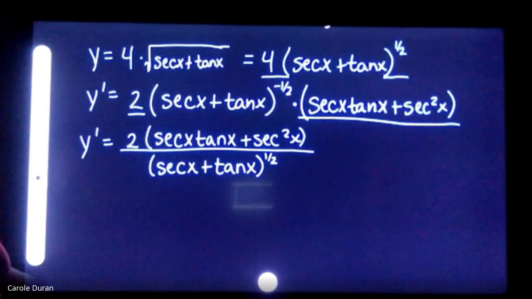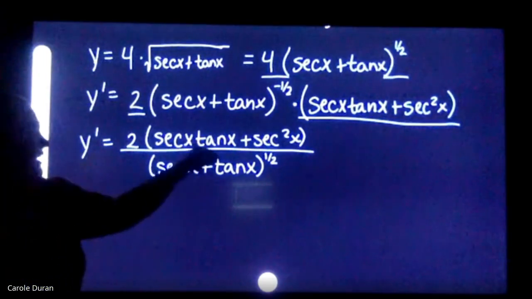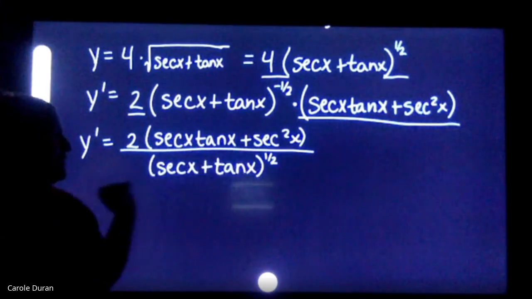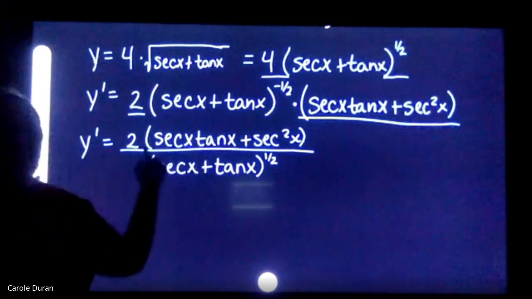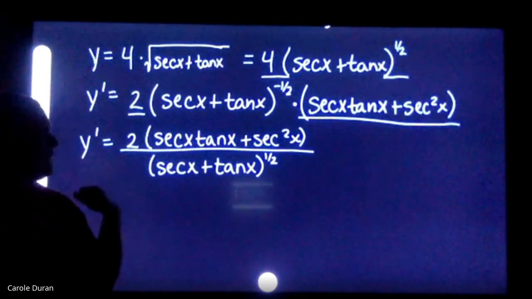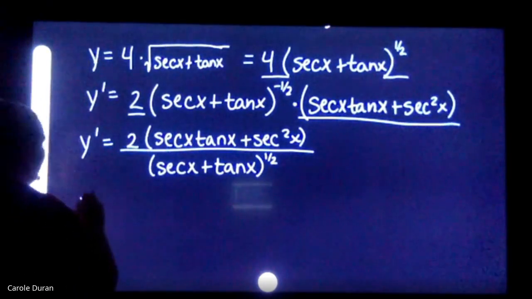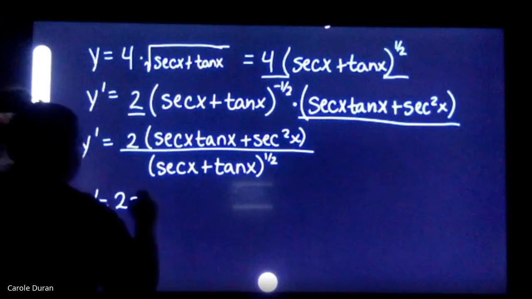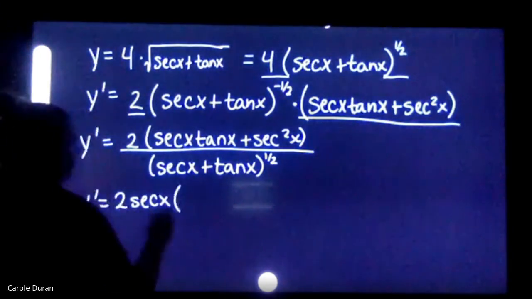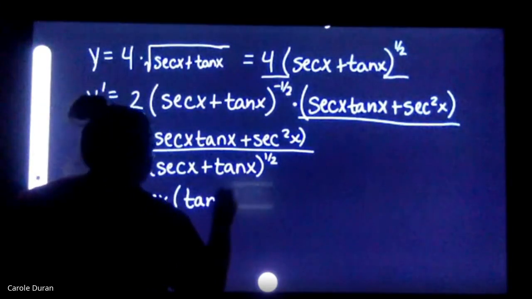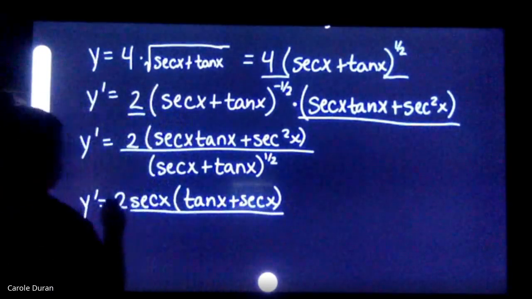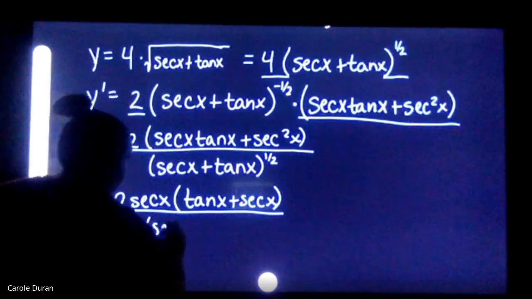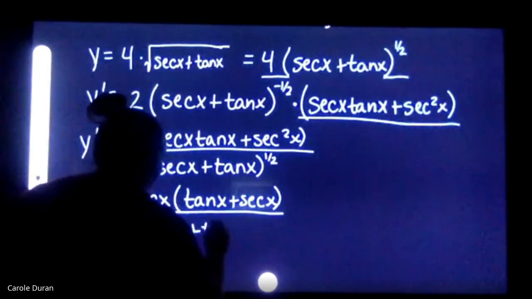So obviously, to me, if I want to make secant x tangent x plus secant squared x into secant x tangent x, I just need to take a secant out of both of those terms in that top parentheses. So when I do that, it just comes out front, and I'm left with tangent of x plus secant of x over my denominator, because that hasn't changed.